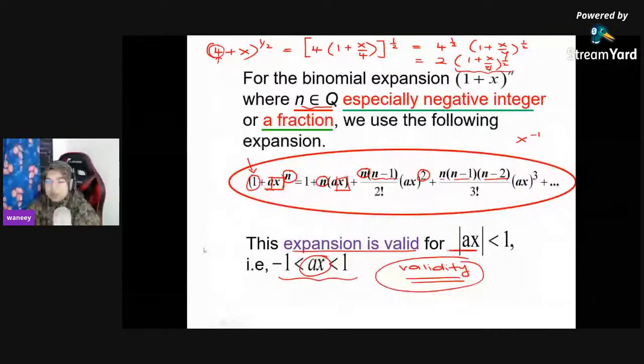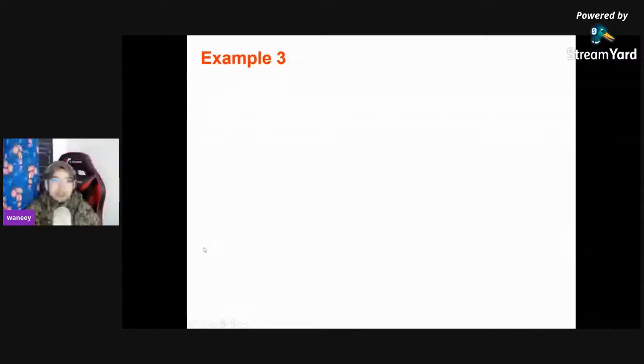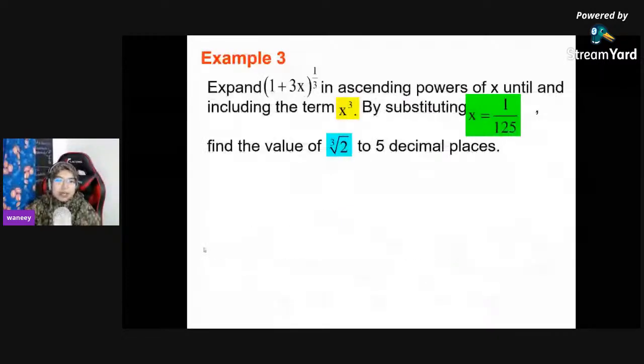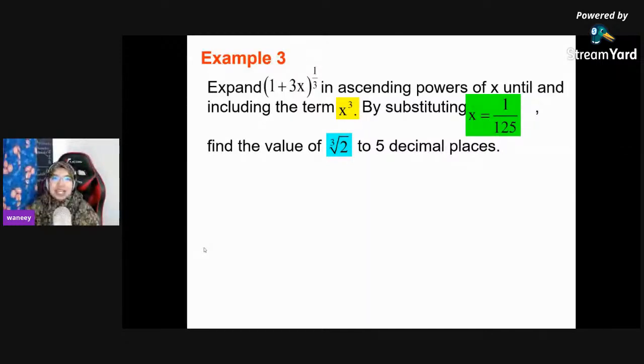Okay, now let's go to the next example. Example 3. Expand 1 plus 3x to the power of 1 over 3 in ascending powers of x up to and including the term x cubed. And then after we expand them, we got to substitute x equal to 1 over 15. Find the value for cube root of 2 to 5 decimal places.